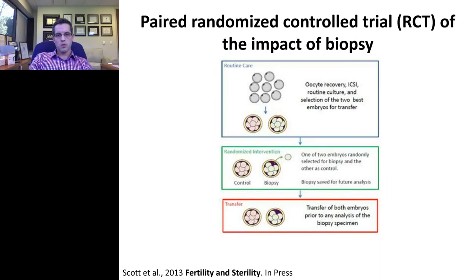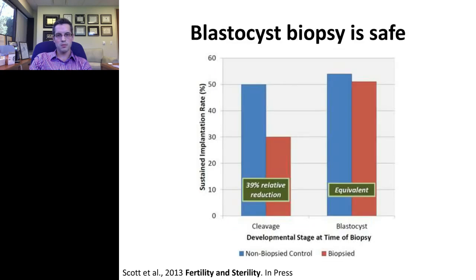We then transferred both embryos, and for any singletons which occurred, we performed DNA fingerprinting to determine if it was the biopsied or non-biopsied embryo. Then over a number of patients, how often was it one or the other? We did this by looking at both, here what's diagrammed is the cleavage stage blastomere biopsy, but we also evaluated the impact of trophectoderm biopsy.